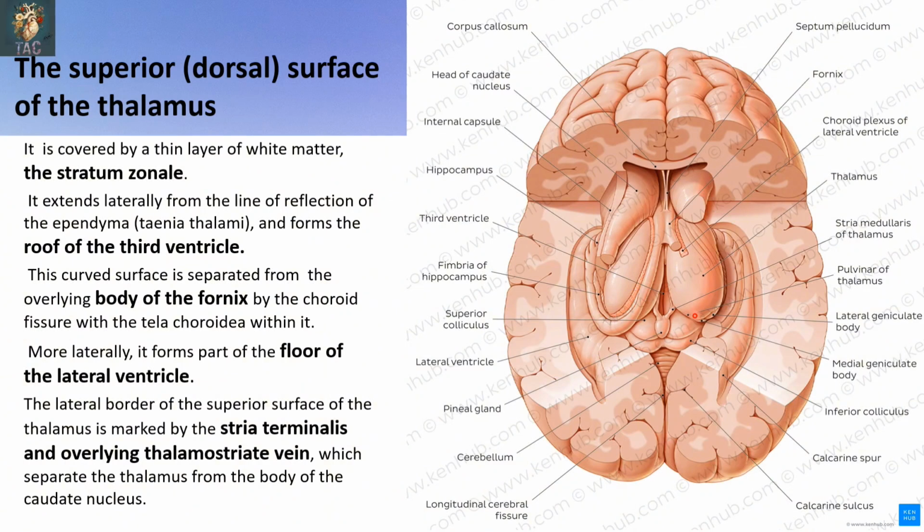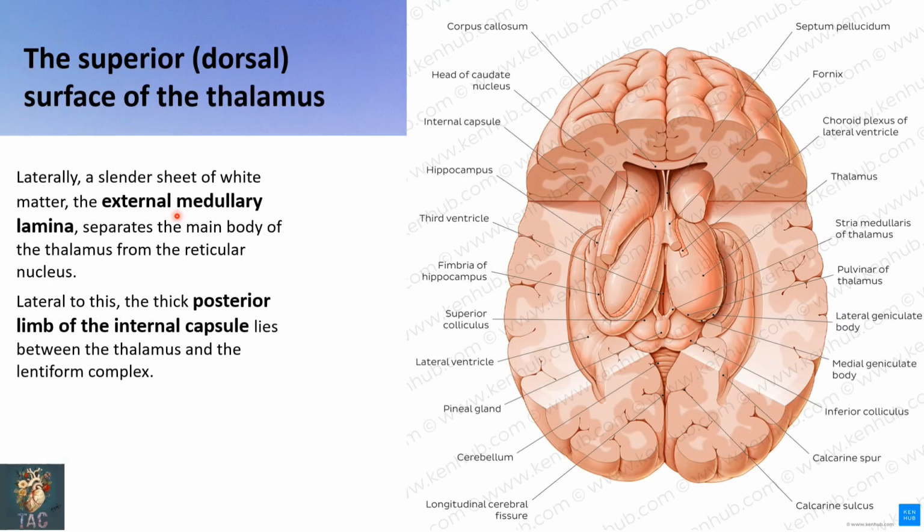Then you can see this is the pulvinar or the posterior aspect of the thalamus. Here you can see this area, this stria medullaris. Then you can see the internal capsule, and lateral to this is the lentiform nucleus. Here the caudate nucleus is present.